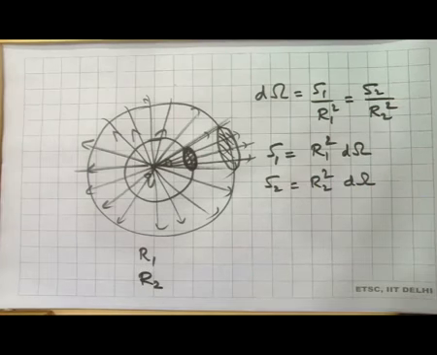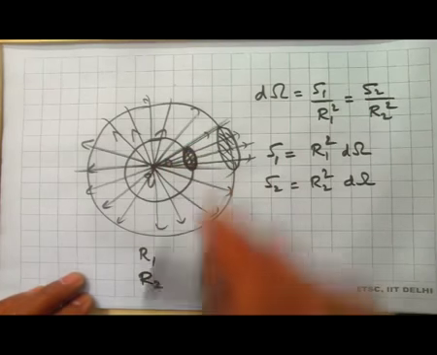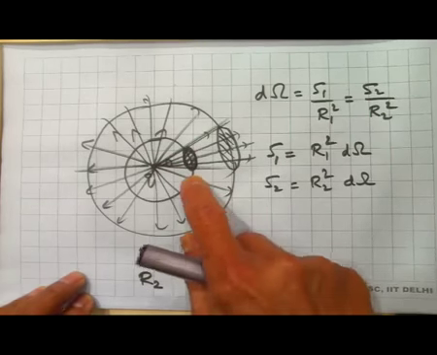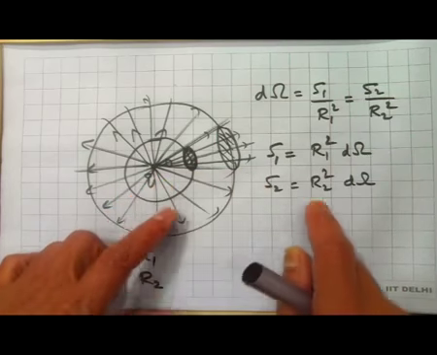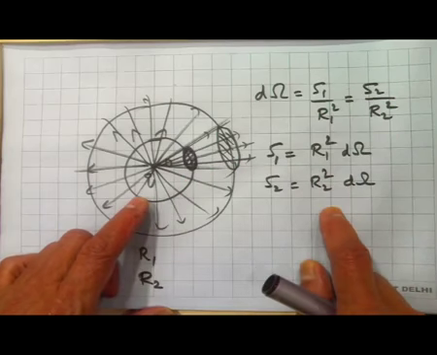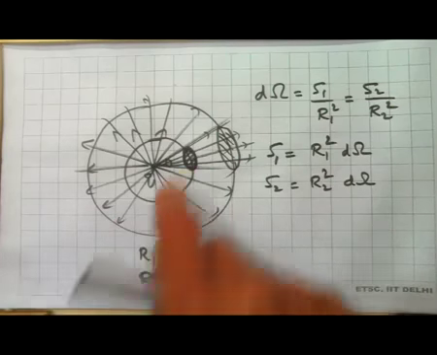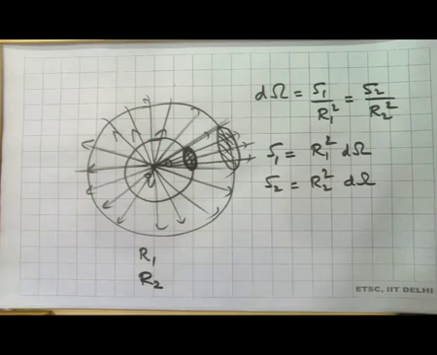As you can see, the areas covered by the same solid angle on the inner sphere and outer sphere are different, in the ratio of the squares of the radii. So S1 to S2 is R1 square by R2 square, and I also know that the same number of lines are crossing area S1 and area S2.